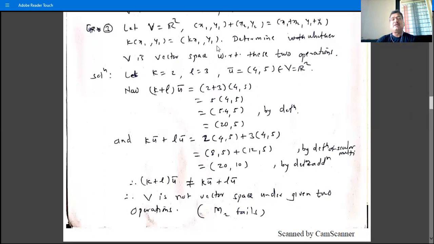This is another definition, and we have to determine whether V is a vector space with respect to these operations. So we know that R2 is a vector space under usual addition and usual scalar multiplication. This is not the usual scalar multiplication, but this is the usual addition. And therefore, what is your conclusion now?